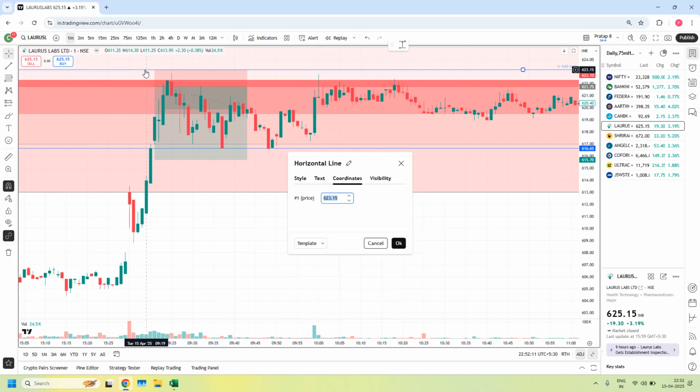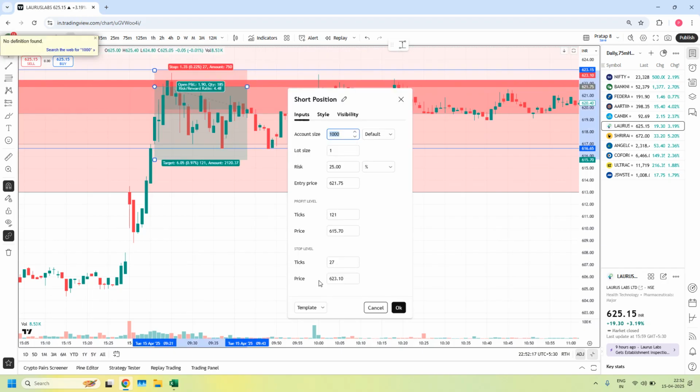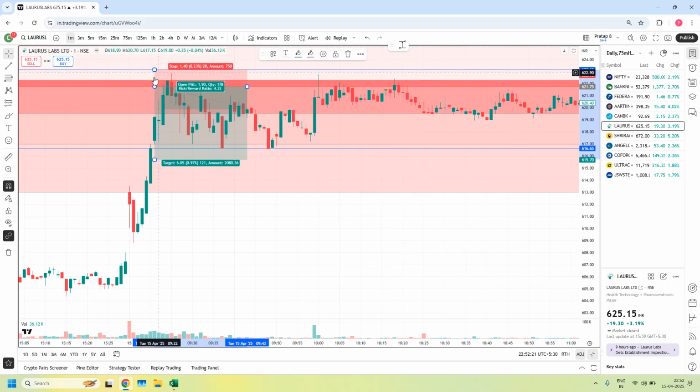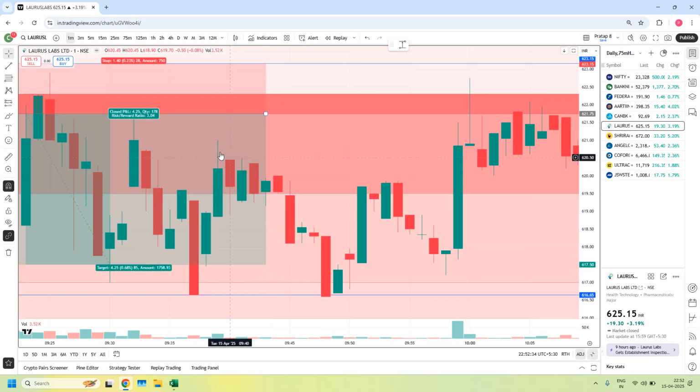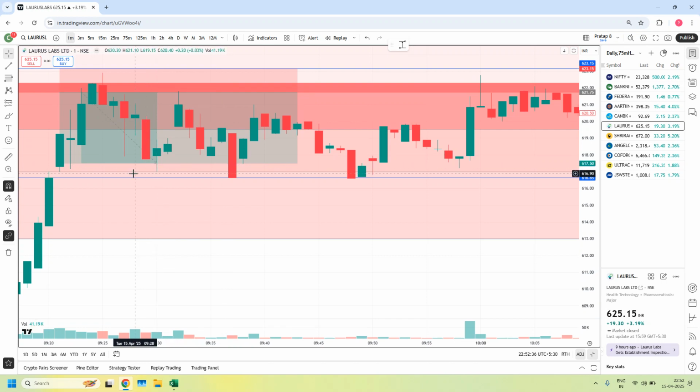And what is your stop loss value? 623.15. Okay, so these are the exact values. And where are you getting 1:3 RR? Maybe somewhere here, so here you would have booked the profit. So till this blue color line, you got some extra profit.